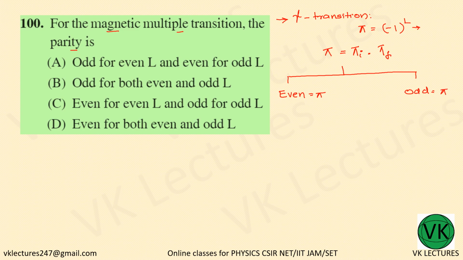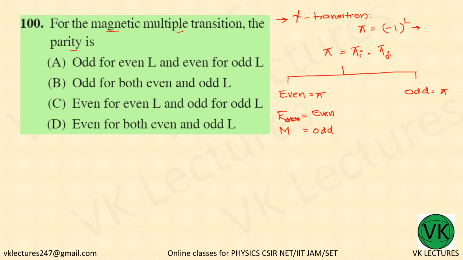For even parity, the electric multipole transition E will be even, because the electric multipole transition will remain the same, and the magnetic multipole transition M is odd, because M will change.